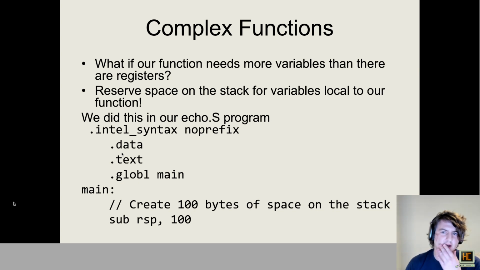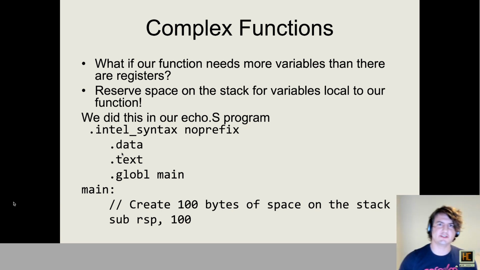And so the question we want to ask is, what if our function needs more variables than we have registers? As you're writing programs, you might write a function that takes in multiple variables, say 10 or 20. The whole point is that when you're writing code in a high level language, you're not restricted to how many registers the CPU has.